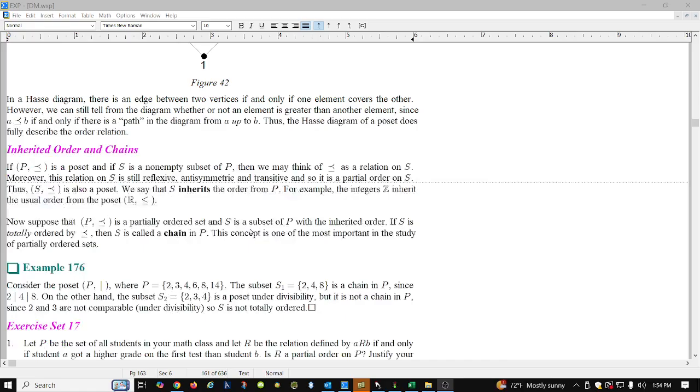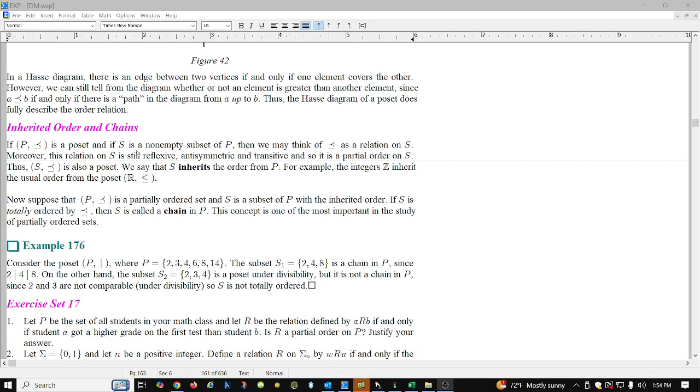Okay, one last idea here. If we have a poset P with a less than or equal to relation, and S is a non-empty subset of P, I think I talked about this before, then the order relation on P can be restricted to S. All you do is say, I'm only going to talk about the elements of S and their order relationship.